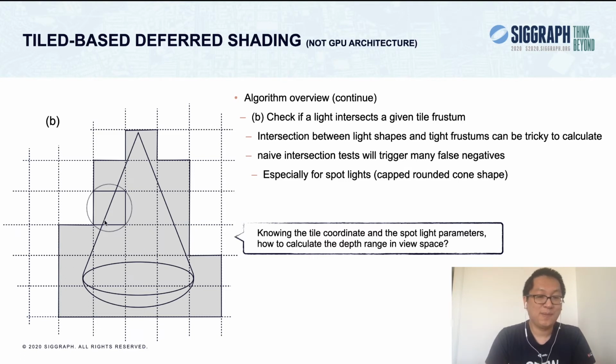And also, you need to calculate the depth range where this spotlight shape is intersecting the tile. So actually, it can be calculated analytically. It's very simple for a point light because it's just a sphere, and it's more tricky for a spotlight, but it's possible.